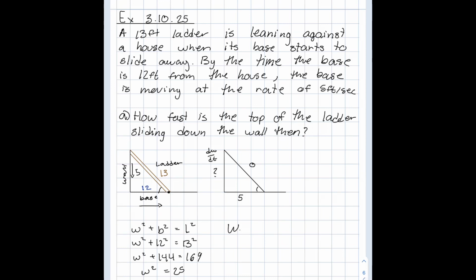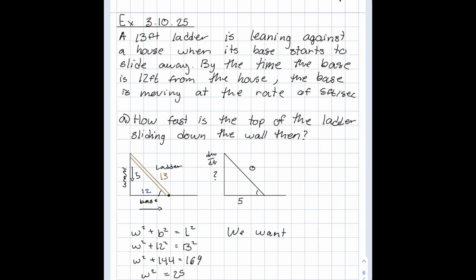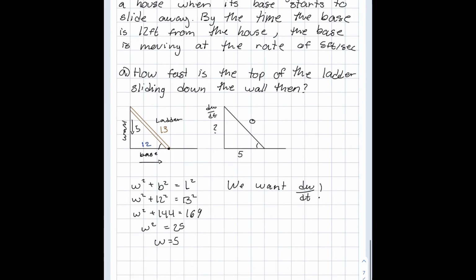All right, so we want dW/dt. Alrighty? So I have a picture. I have what I want. I found an equation for them. And I've drawn what everything is in these pictures.